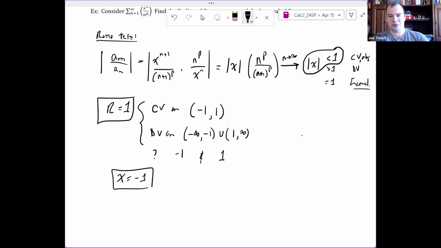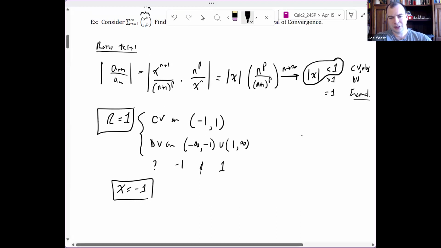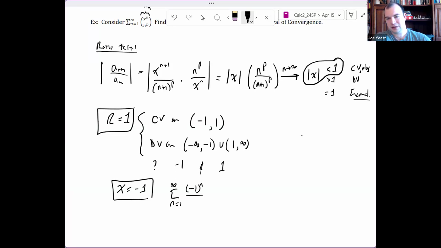If we check x equals minus 1, what is our series then? The sum from n equals 1 to infinity of minus 1 to the n over n to the p. This is an alternating series. And what does that mean?